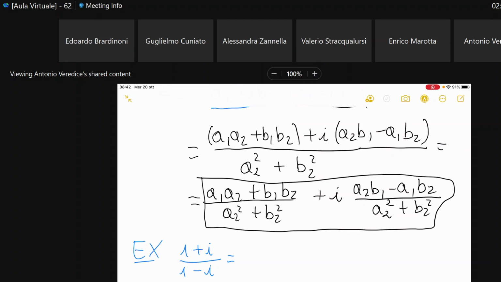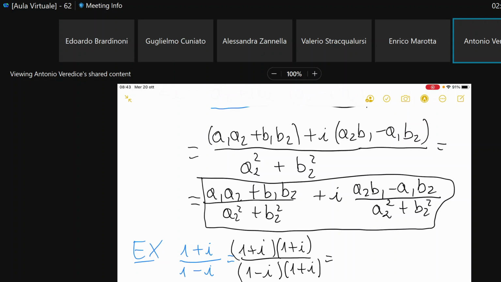So the first one, I multiply both by the complex conjugate of the denominator. So I get 1 minus I times 1 plus I in the denominator, and as I told you before, this is 1 plus 1, so it's 2 in the denominator.